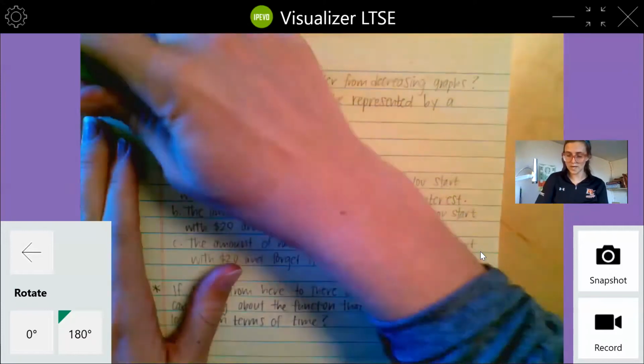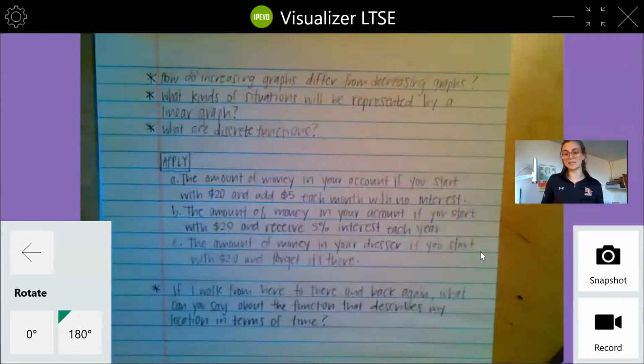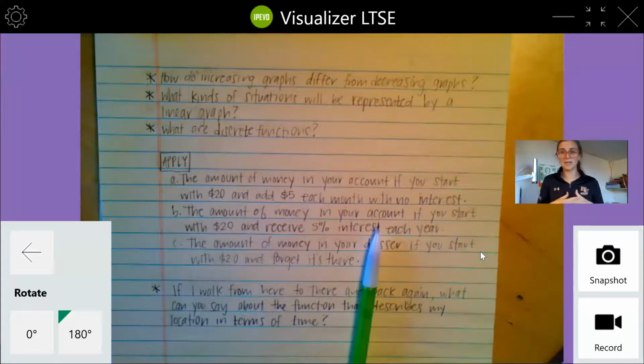What kinds of situations are represented by a linear graph? I talked about this a little bit in step 3 of the investigation. A linear graph is going to be something that has a constant rate of change. These are usually fixed situations, really controllable situations.